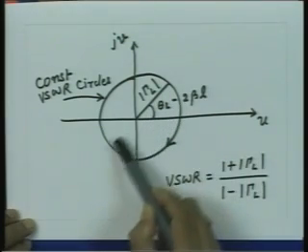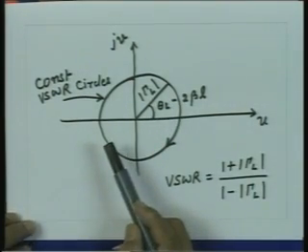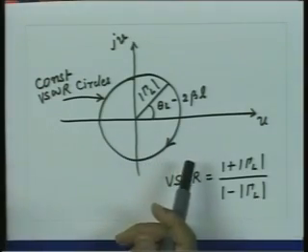So, if I take a diagonally opposite point on this circle, that is the point which will correspond to the complex reflection coefficient for the normalized admittance. So, essentially as far as the set of circles are concerned, what is called the Smith chart, if I rotate every point on the Smith chart by 180 degrees, I get the set of circles for the normalized admittances.